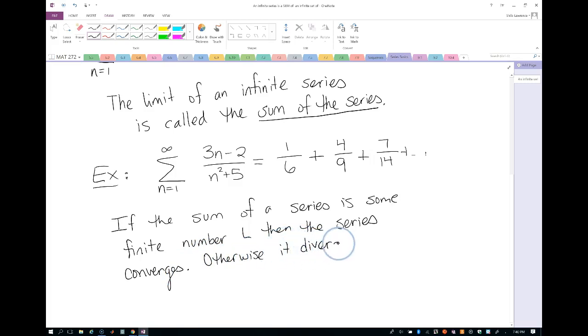And diverges doesn't always mean that it goes off to infinity. It's possible that this sum flip-flops back and forth between positive, negative, positive, negative, and as we go out many, many terms, never really narrows into one specific number that they're going to add up to. That's called oscillating. So oscillating can also cause divergence.